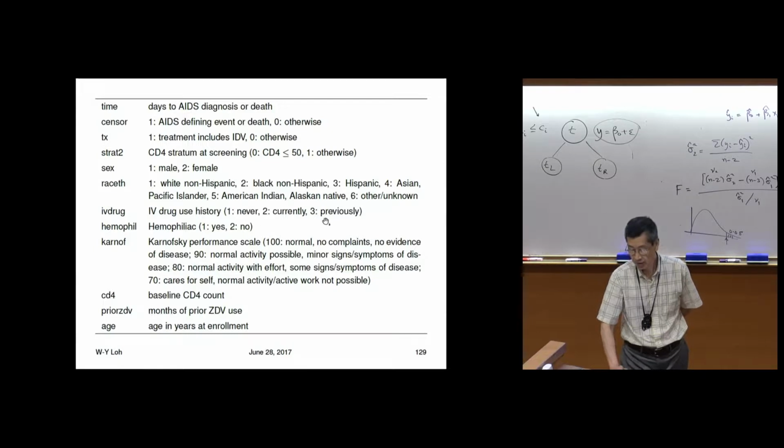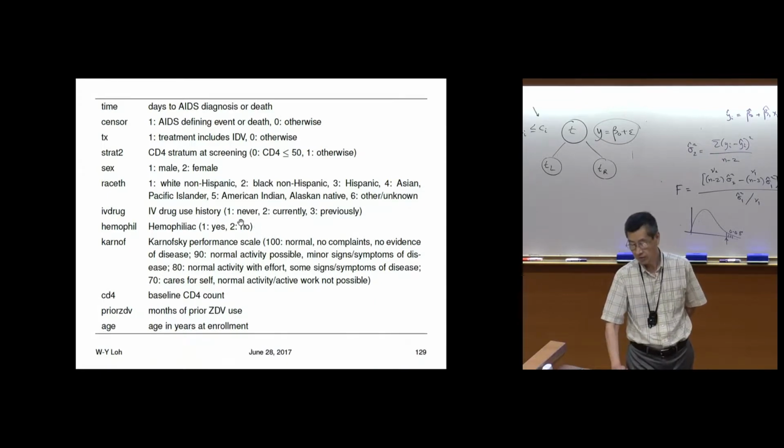If you treat it as an ordered variable and you fit a Cox proportional hazards model, it's not clear that they should be equally spaced, right? If you want to use IV drug as a linear predictor, you first of all decide whether you want to code them as 1, 2, or 3. And you even have to decide whether 2 makes sense to be in between 1 and 3, right? Otherwise, it's more difficult. A safer way is to treat it as a categorical variable with 2 degrees of freedom.